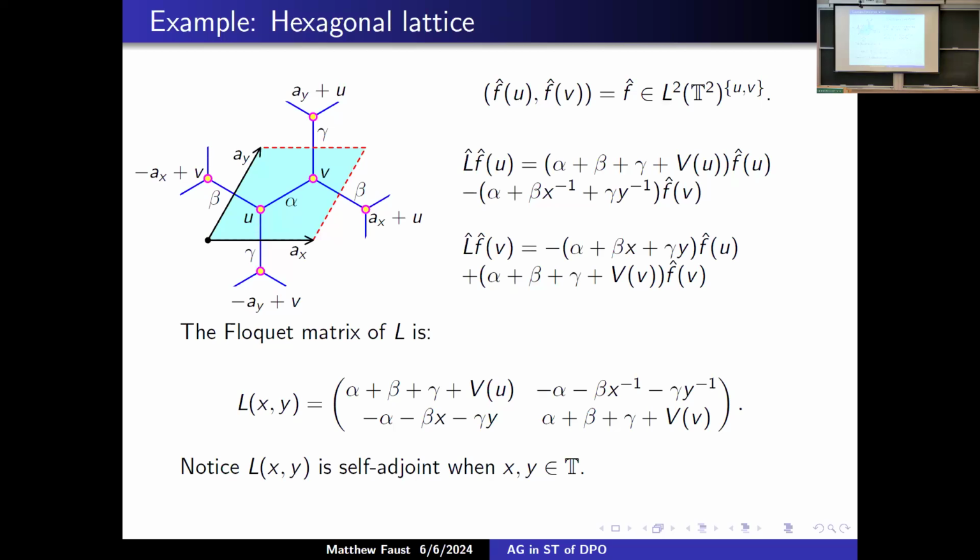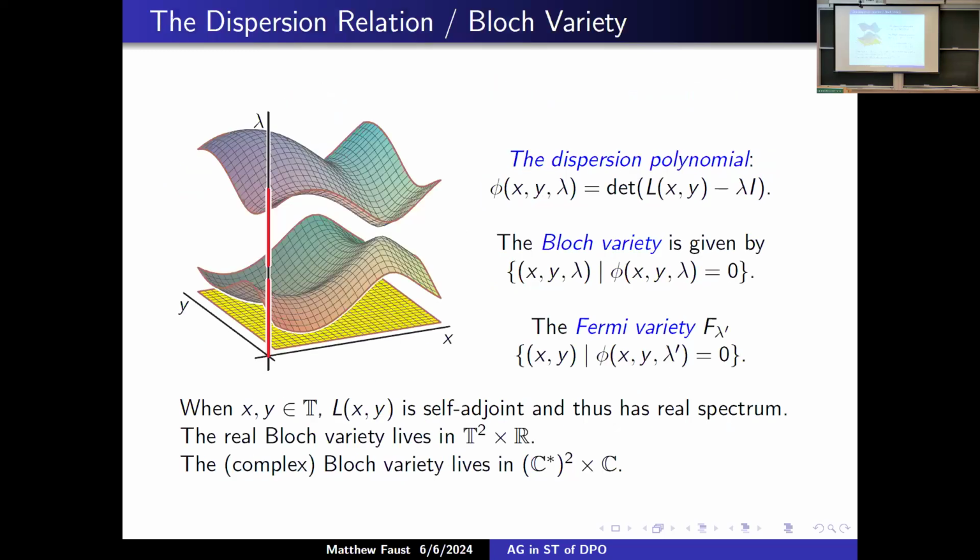All right. Okay, so the main object that we want to study, on this slide, is the Bloch variety. The dispersion polynomial is just the characteristic polynomial of our matrix, and the Bloch variety is the vanishing set of the dispersion polynomial. We'll also briefly mention the Fermi variety.